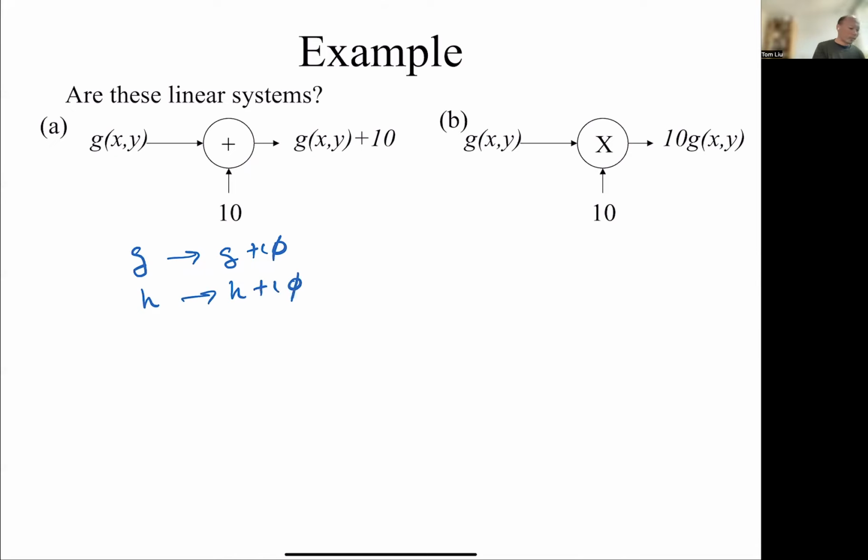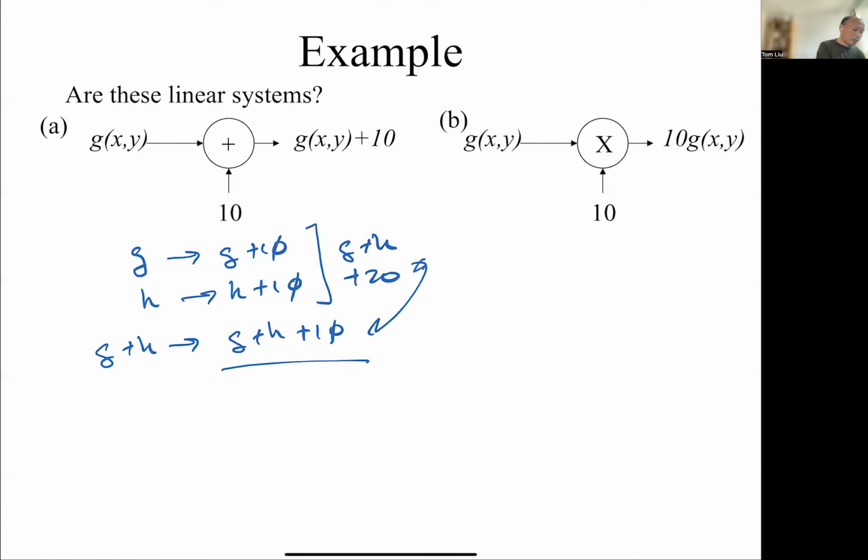If I put in an input G plus H, the output would be G plus H plus 10. Does that satisfy the addition property? Let's check. The sum of the two individual outputs gives me G plus H plus 20. These two things are not equal, so it doesn't satisfy addition. So it's not linear just from addition.